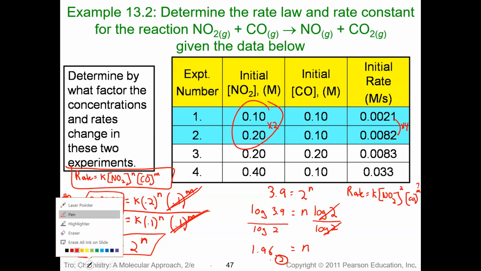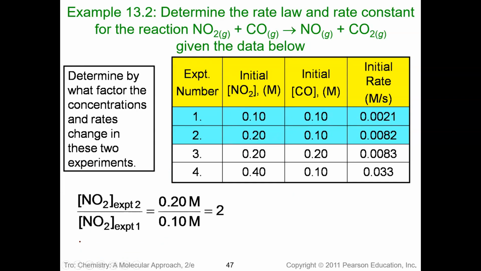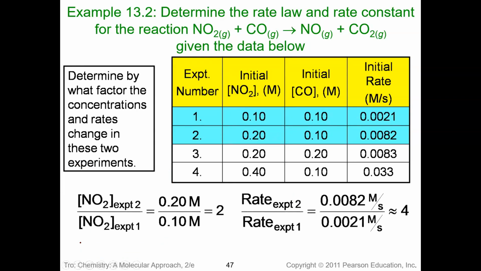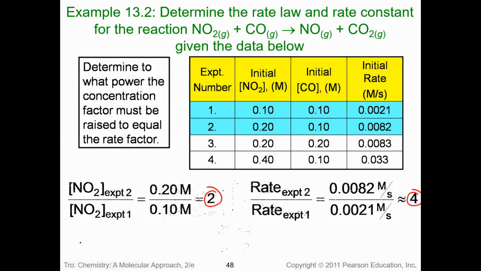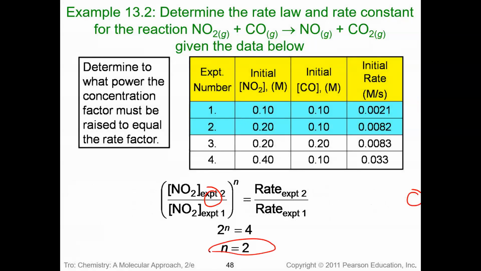Here's the same thing that I just did with the math. I did all the math and you end up here. So we figured out that it is what we call second order with respect to NO2.